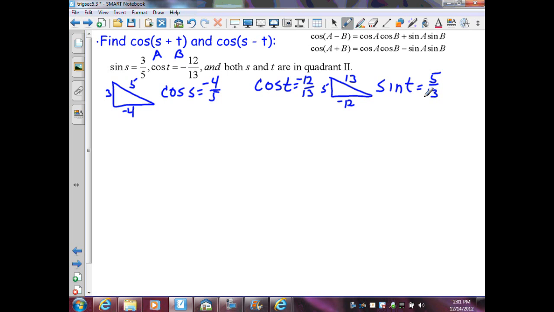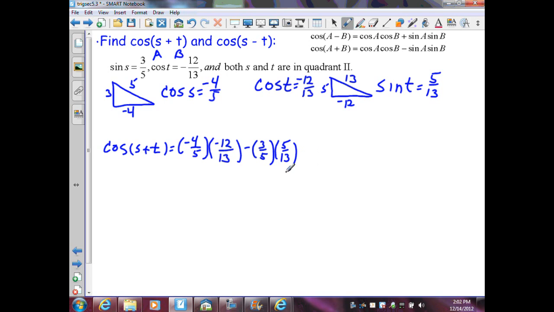Now I just substitute in. Cosine of s plus t is equal to cosine A cosine B. Cosine A would be cosine s, which is a negative 4/5. Cosine t is a negative 12/13. Minus sine s, which is 3/5, times sine B, which is 5/13.